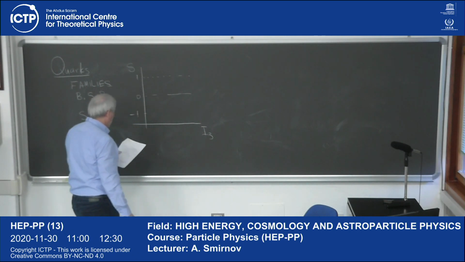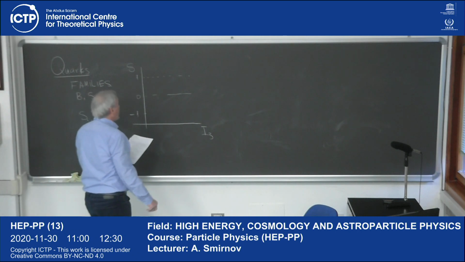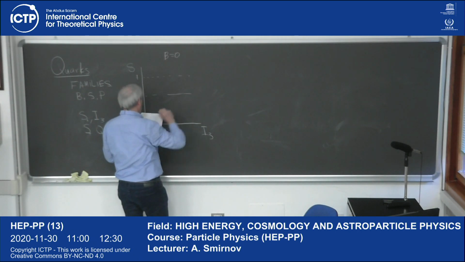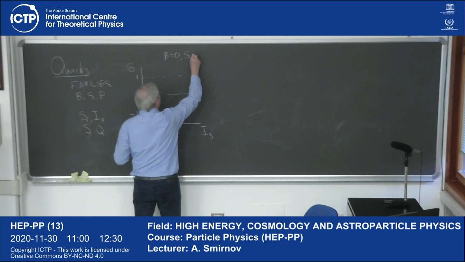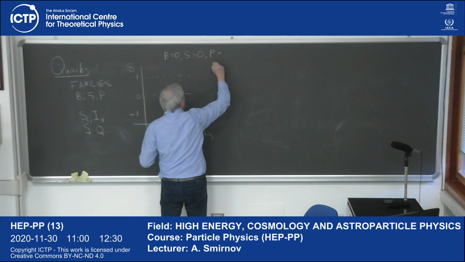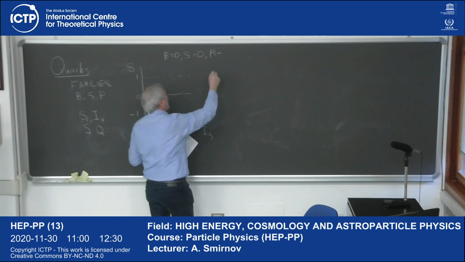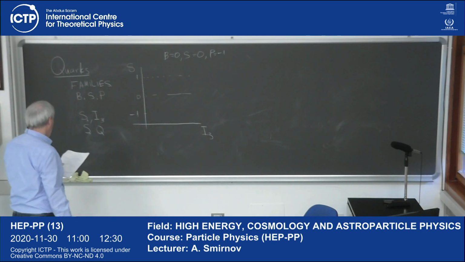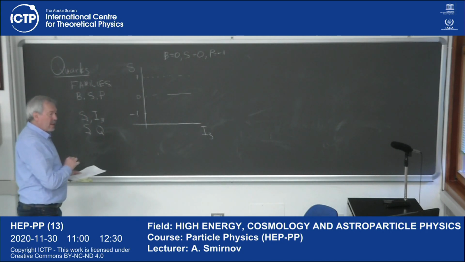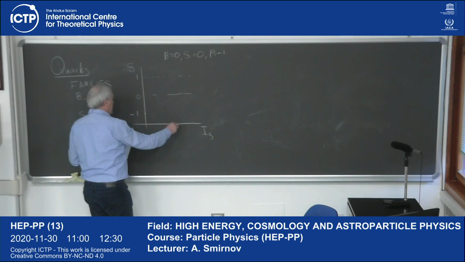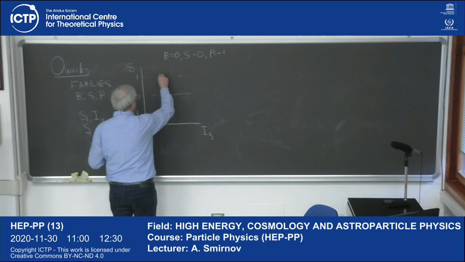The first family which I want to describe is the family of mesons with baryon number equals 0, spin equals 0, and this parity, minus 1. All members of this family have these quantities, but they have different strangeness and third projection of isospin.